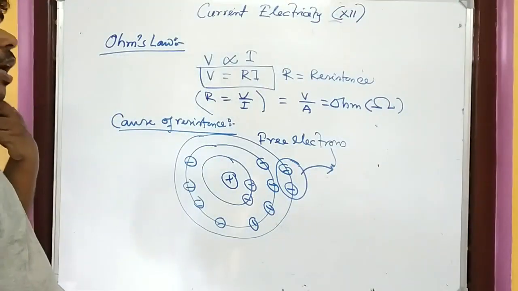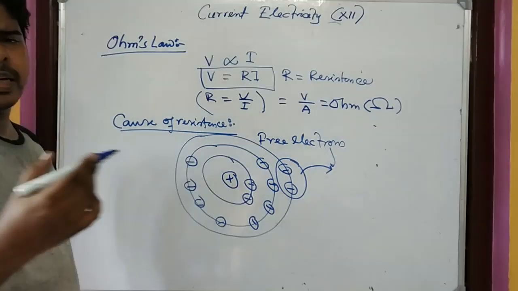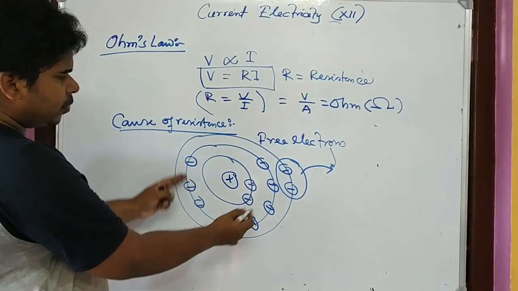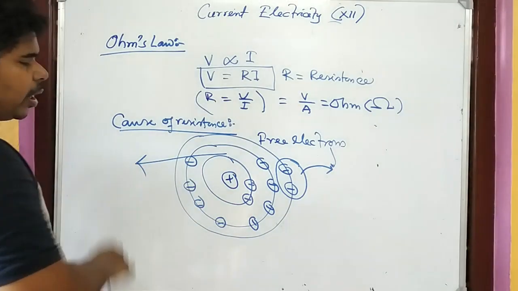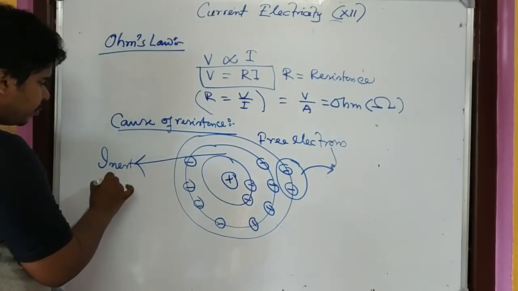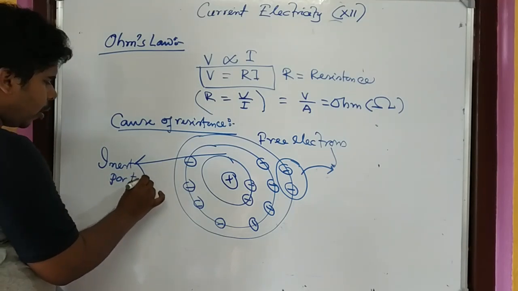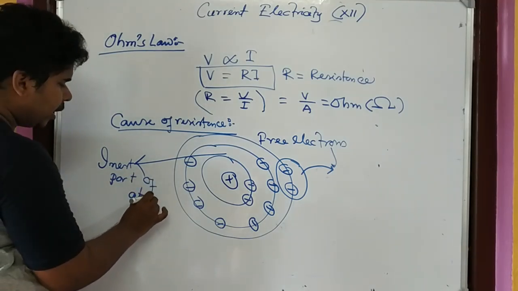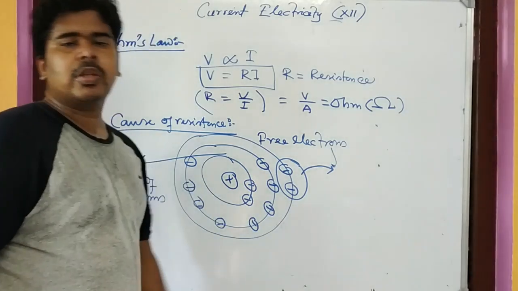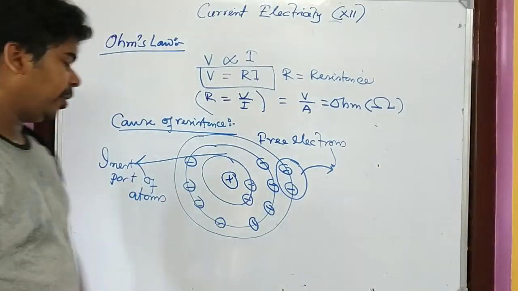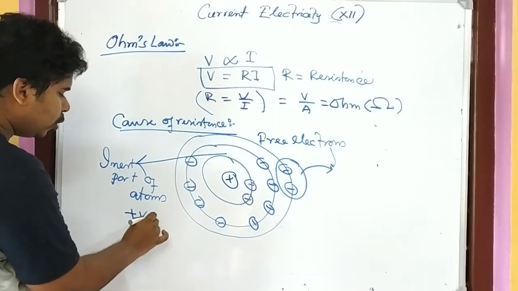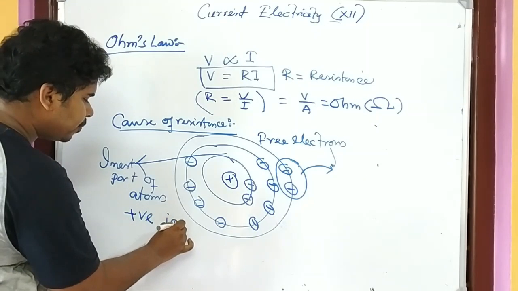As free electrons, we can say that they can move in any direction, but this portion is a stable part, known as the inert part of the atom. As the electron comes outside from the last orbit, this inert part of the atom is converted to a positive ion.